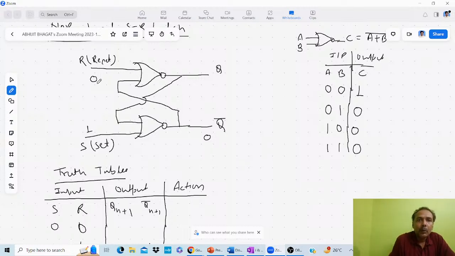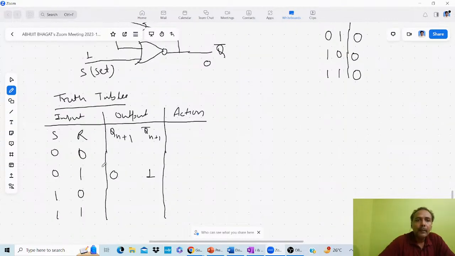So now this is 0. So R is 0, this is 0. So 0, 0, your output will be 1. Okay. So when you supply 1, 0, in that case, you will get here 1, 0.